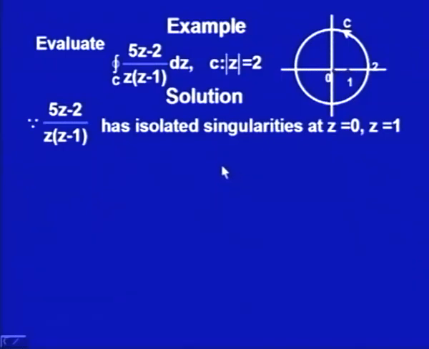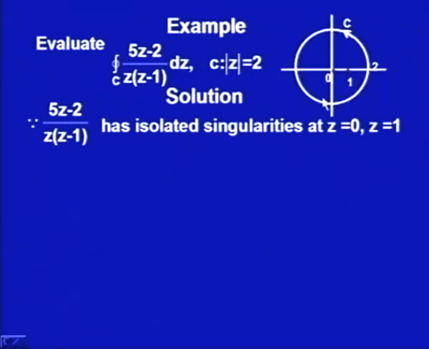Now, let us see where these singularities lie with respect to the given contour. 0 is the center and 1 is certainly inside the circle |z| = 2. So, both the singularities lie interior to the given contour.